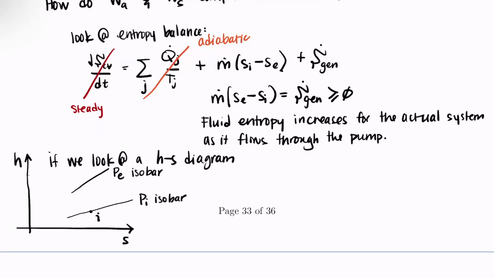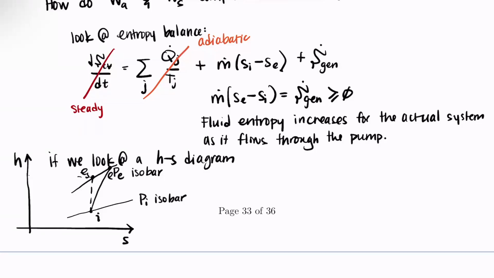An actual process curves like this. So this would be our actual exit enthalpy. And then our ideal enthalpy has to follow an isentropic process, so s stays constant and we're just on a vertical line here. So this is es.